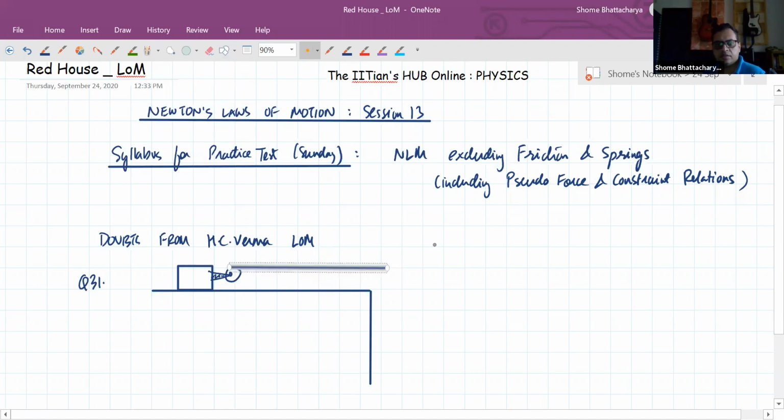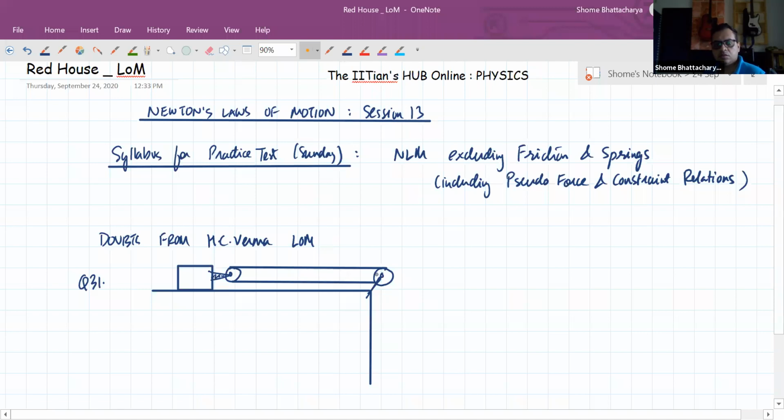Now the thread that is used is going around another pulley, but just to clarify one more point, the other end of the thread, it's not attached to the pulley, rather it is attached to the support over here.